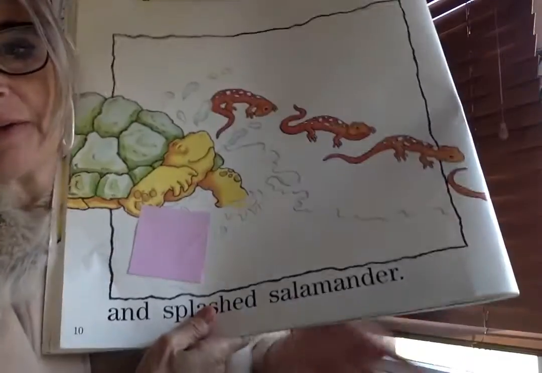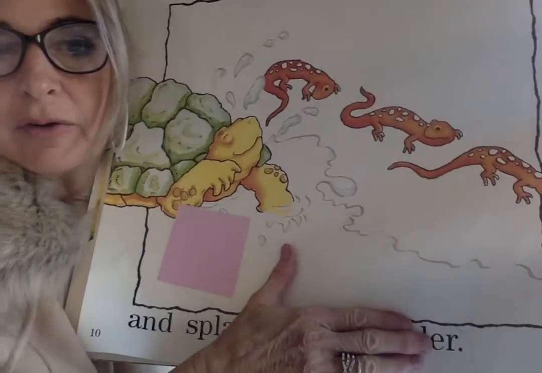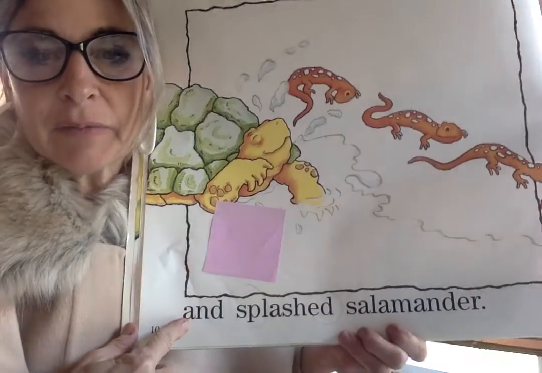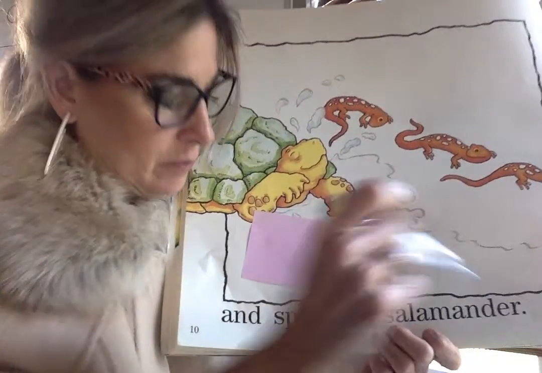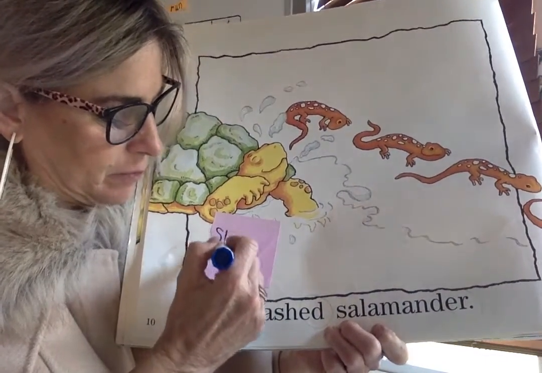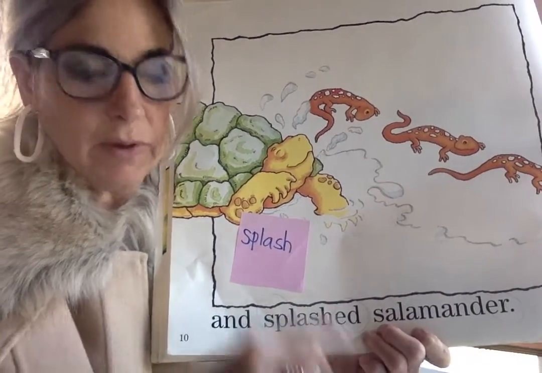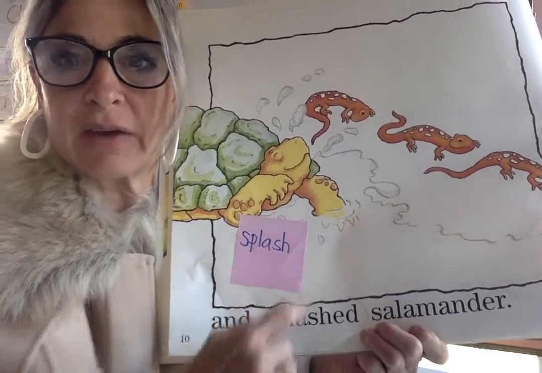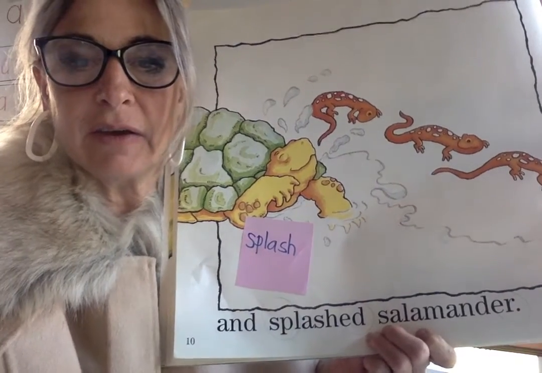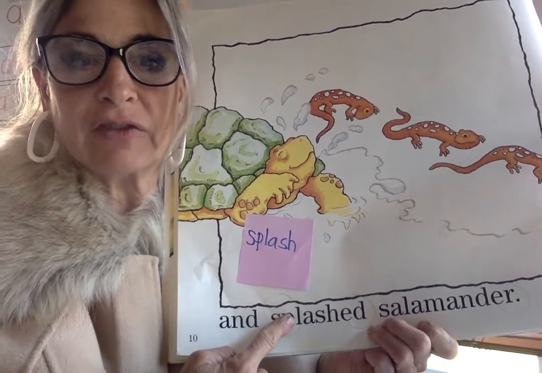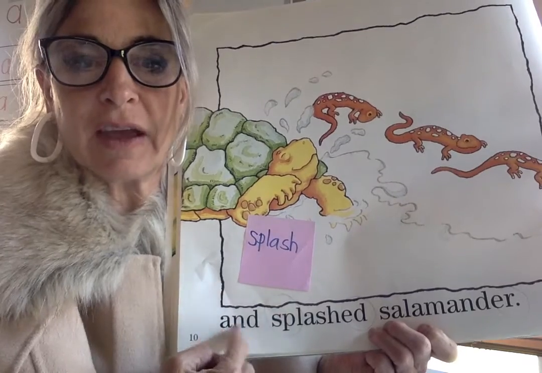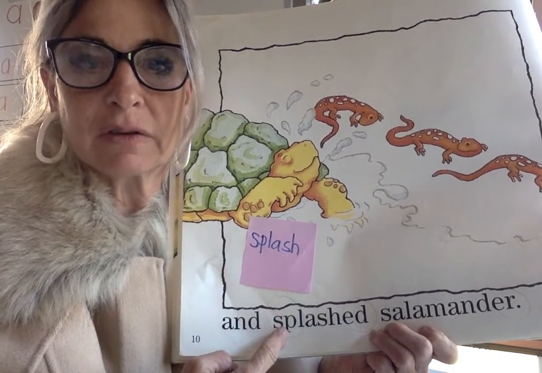These are salamanders. Okay, here's our base word. Let's write it. Splash. Okay, we have our base word splash. We're going to add our ED. And splashed. Or is it and splashed?